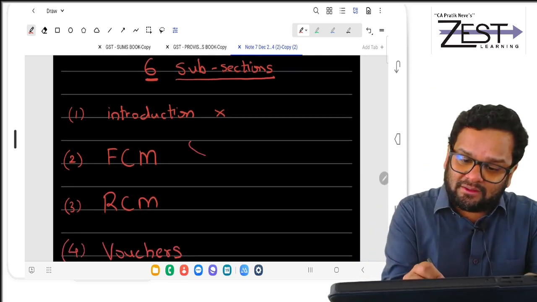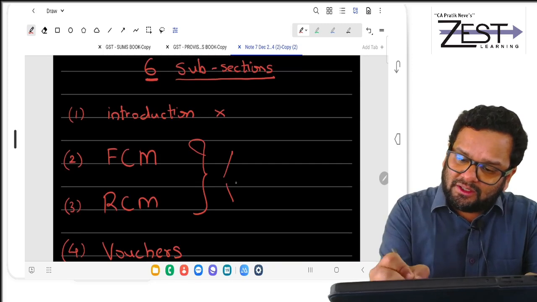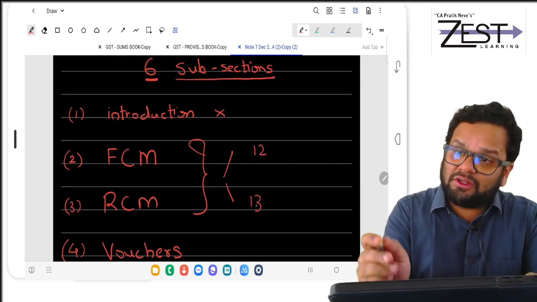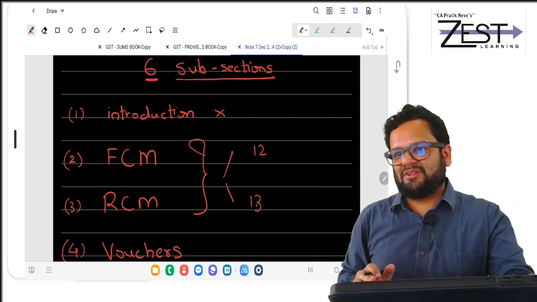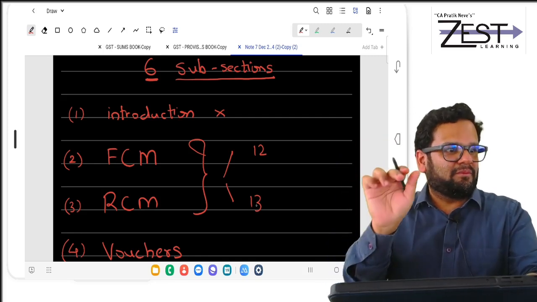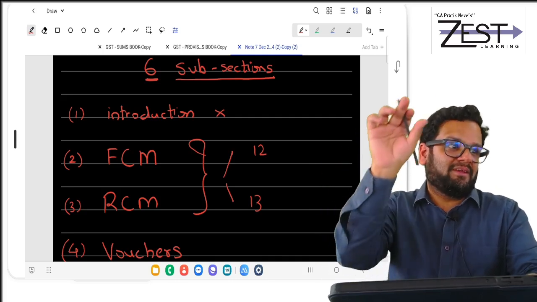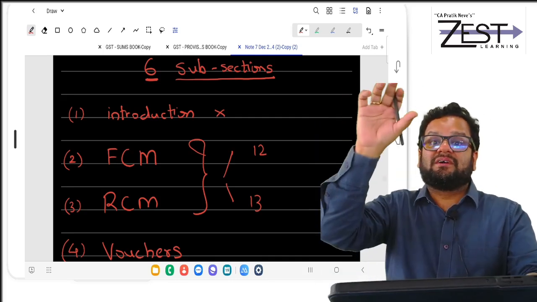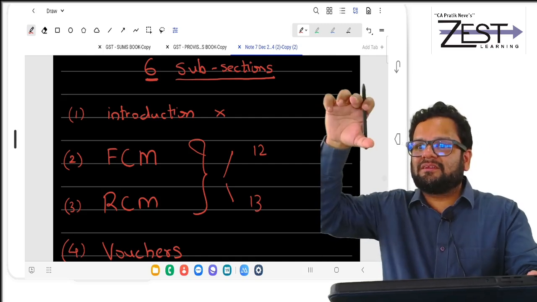In 2 and 3, sections 12 and 13 have different provisions, so we will do them separately. Means 12.2 separately, 13.2 separately, 12.3 and then 13.3.